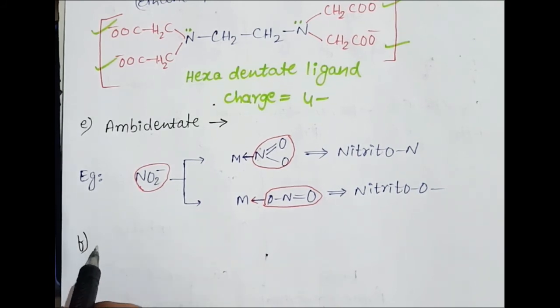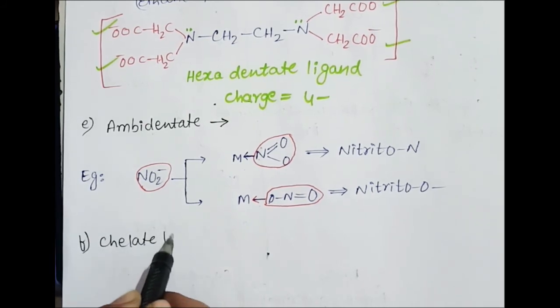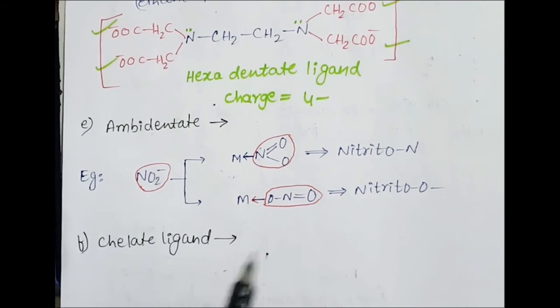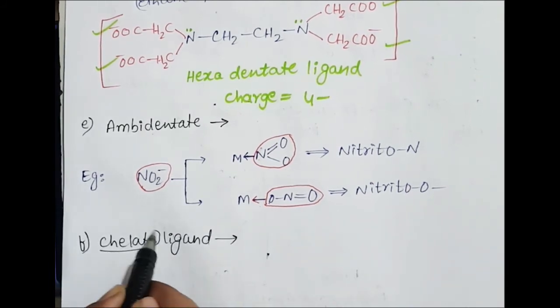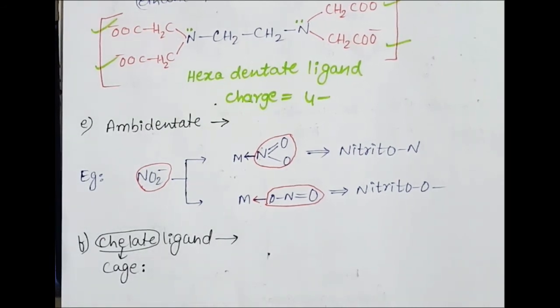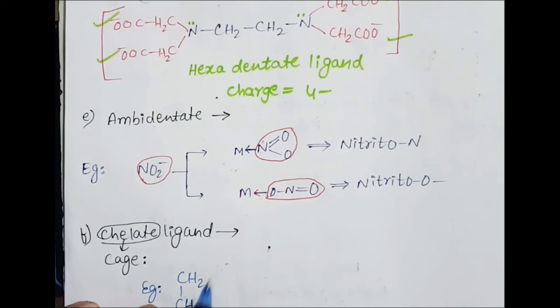Now next one is chelate ligand. This is a very simple word, the last word, chelate ligand. The word chelate is a Greek word which means cage-like structure. What is the meaning of chelate ligand? You take a didentate or tridentate ligand, like ethane 1,2-diamine.